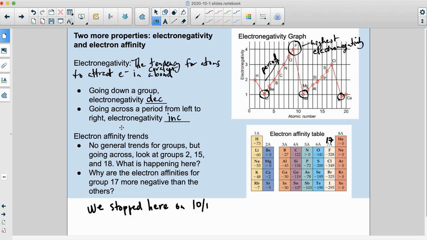Now, electron affinity. I should have left a space for the definition. Electron affinity is the energy required or released when an electron is added to a gaseous atom.